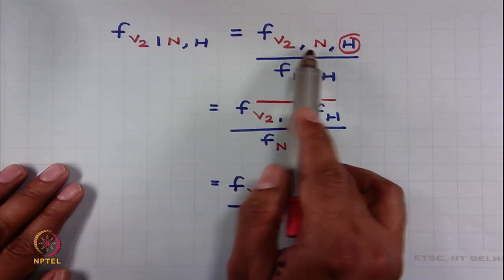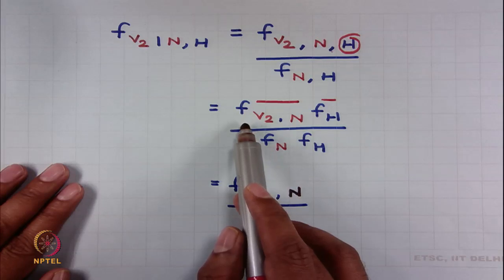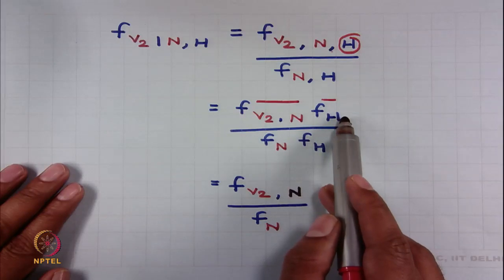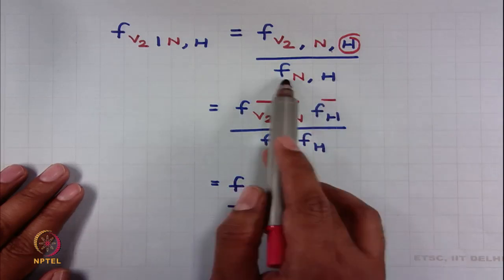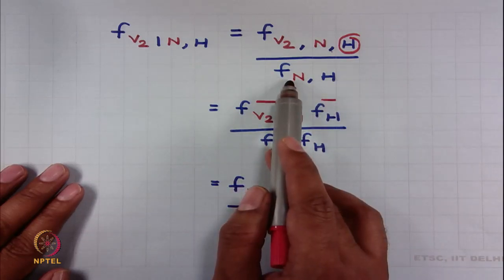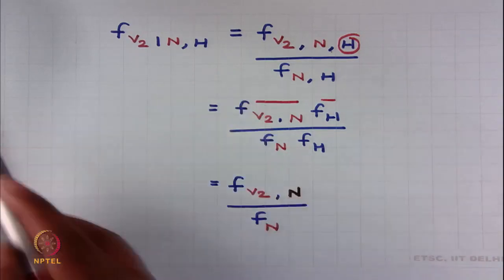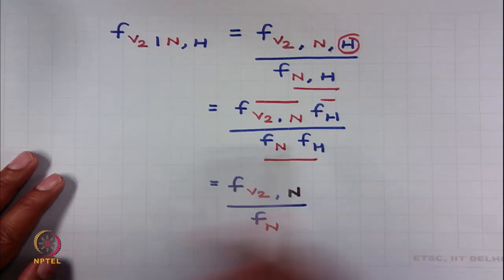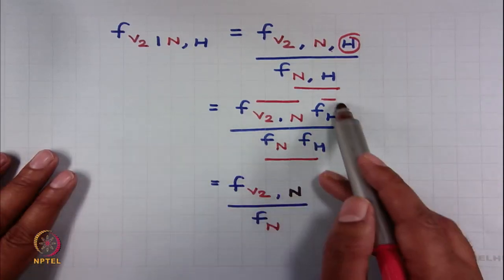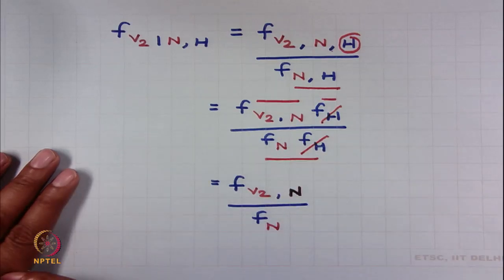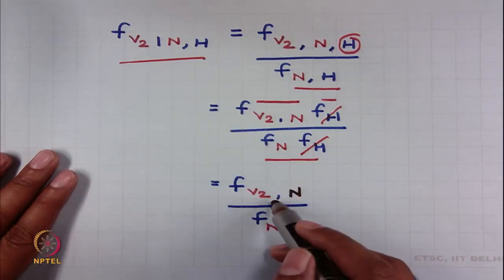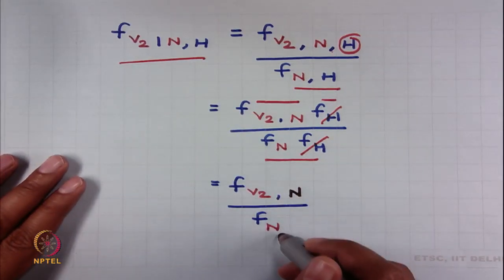So, the joint PDF of V2, n and h is simply the joint PDF of V2 and n multiplied by the marginal PDF of h, and because h is again independent of n, signal is independent of noise because it is additive white Gaussian noise. So, I can write this as multiplication of these two PDFs, and from here I can cancel this with this. So, what we get is simply the joint PDF of V2 and n divided by the PDF of n.